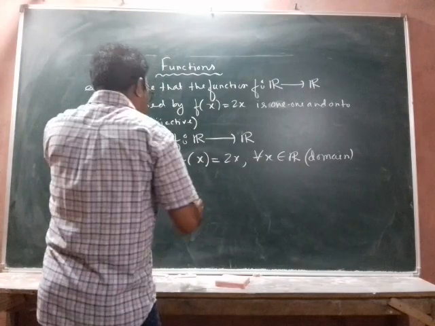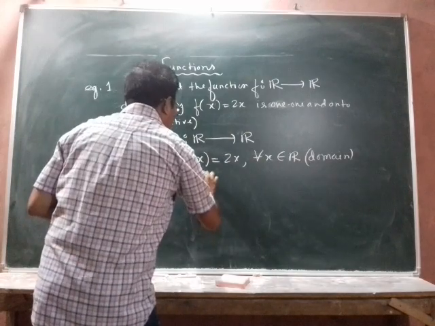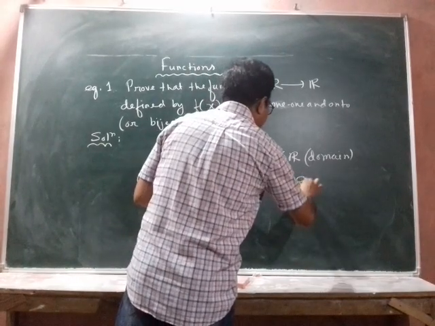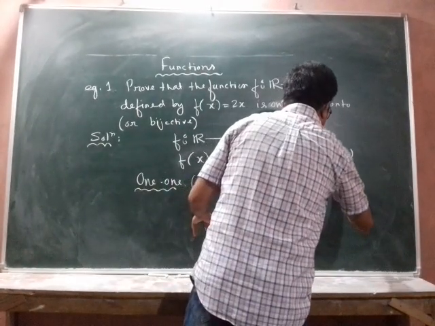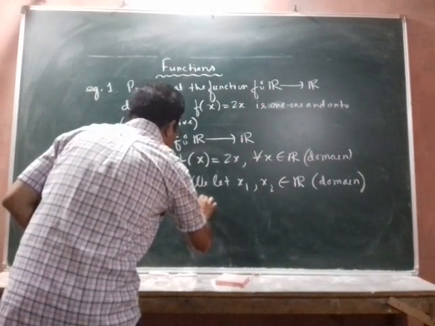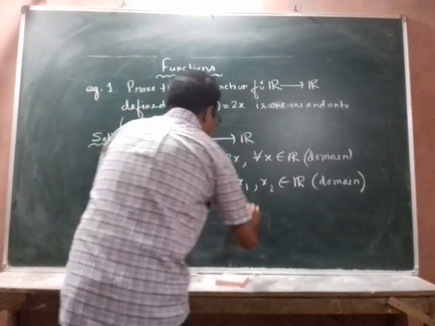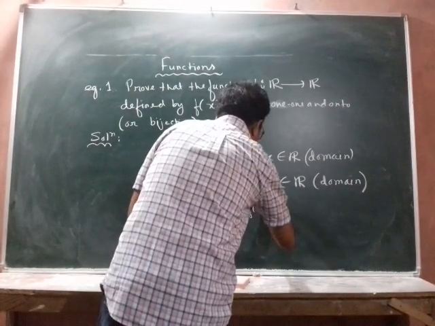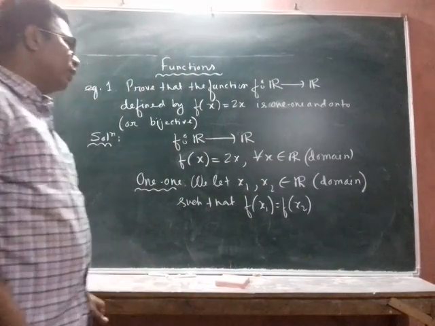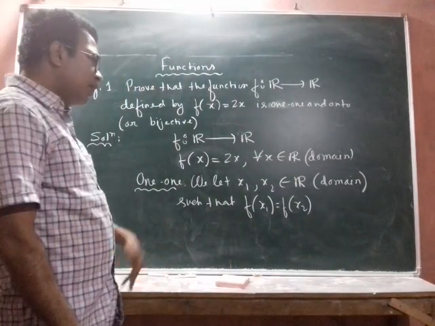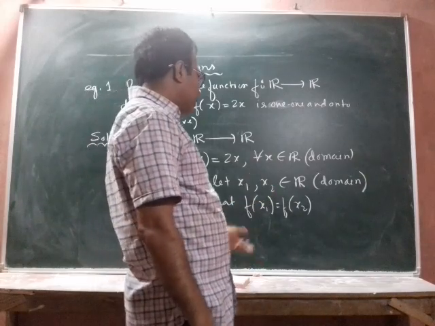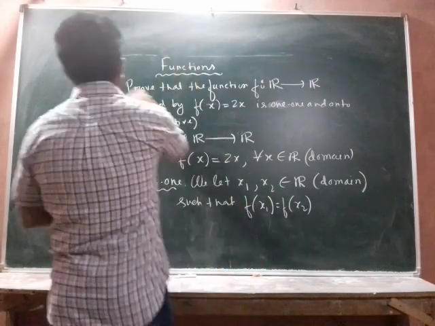For this we will take two different elements from the domain. We let x1, x2 belong to our domain such that their images are equal. We are taking any two elements from the domain and we suppose that their images are equal. If we are able to show that the elements are also equal, then it is 1-1, otherwise it is not 1-1.